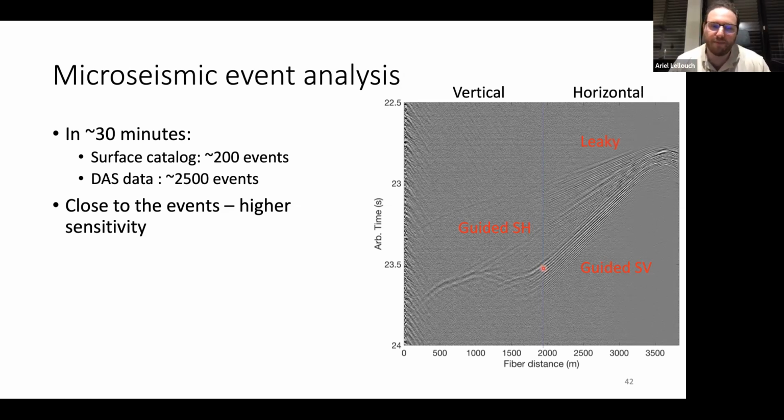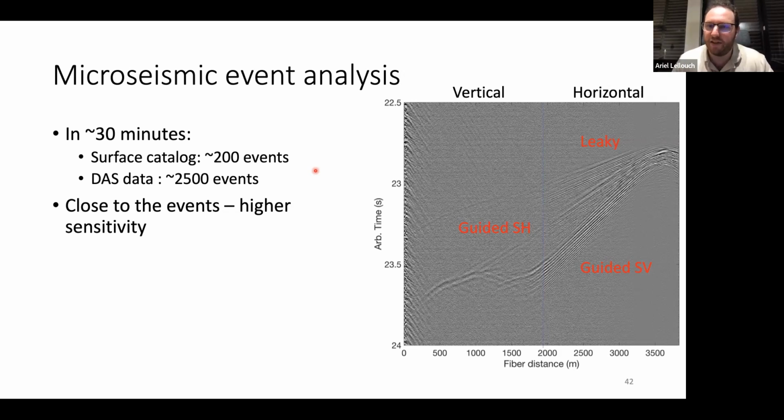And from a practical perspective, again, of event detection, in about 30 minutes of data, randomly chosen, in a surface-based microseismic analysis done by a contractor, there were about 200 events. And I just manually went through half an hour of that data, and I could see more than 10 times as many events, or even 12 times as many, without any specific processing, just visually looking at it.